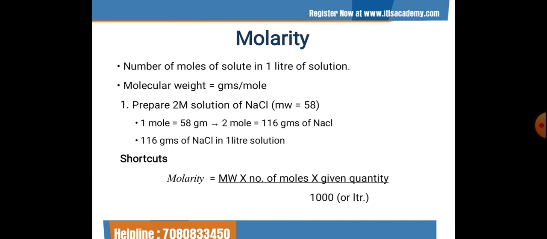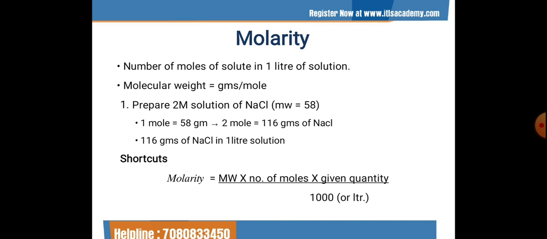There is a shortcut formula for calculating the grams required for making a molar solution. Here we require the molecular weight multiplied by the number of moles, that is, the given molar concentration, again multiplied by the given quantity in which we have to prepare. Suppose we want to prepare 100 ml, or 250 ml, we write it in the given quantity.